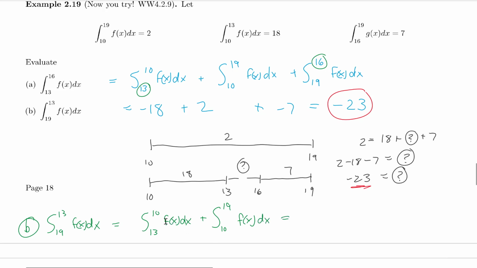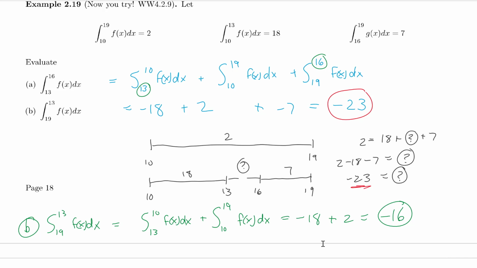And the integral from 13 to 10 is negative 18, and the integral from 10 to 19 is 2, and therefore my answer for part B is negative 16.